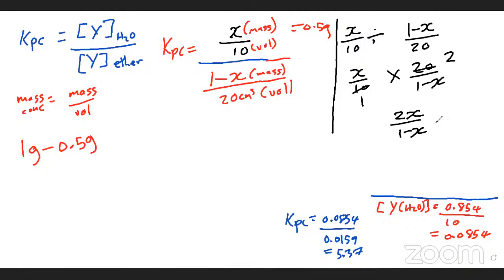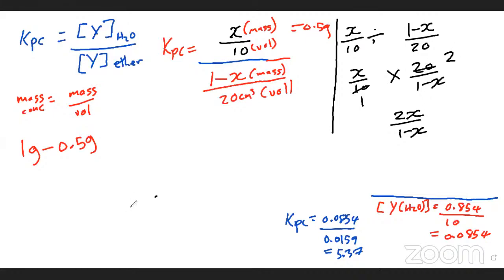Let me know if you're still following. Yes, sir. So look, 10 into 10 goes 1 time, 10 into 20 goes 2 times. So instead of saying 20x over 10 times 1 minus x, you just simplify these two numbers here.